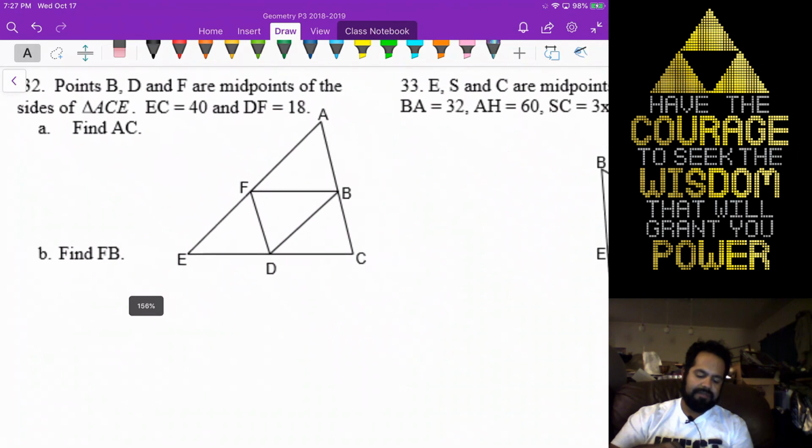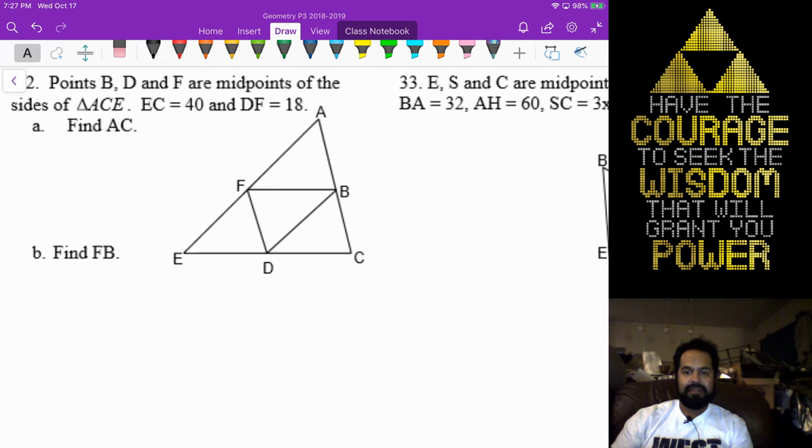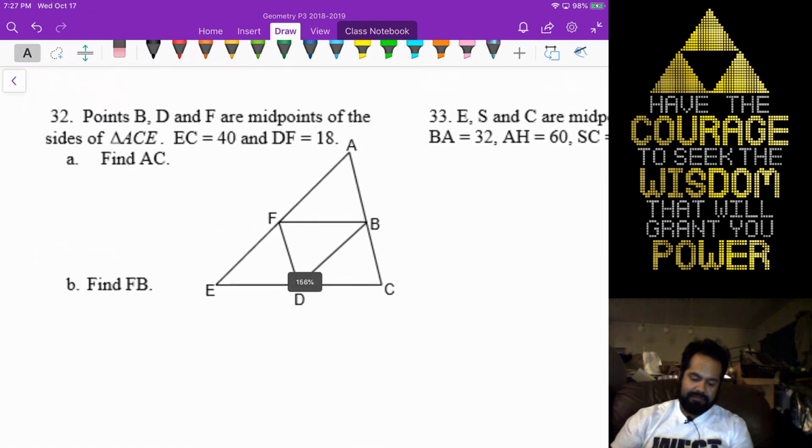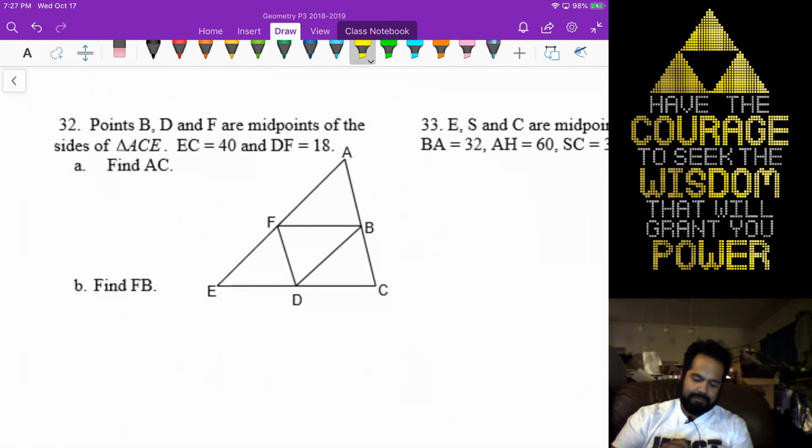Number 32, points B, D, and F. We have the midpoints connected, so again we're dealing with the midsegments. EC is 40. DF is 18.